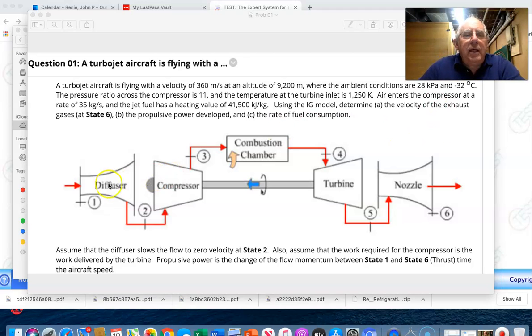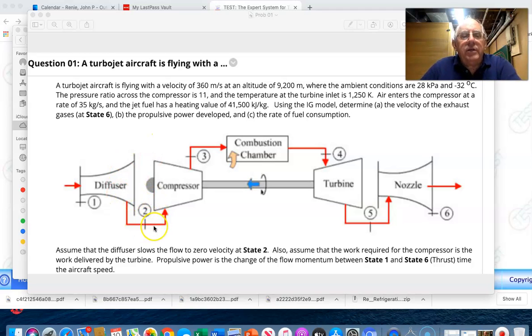What happens in the diffuser is that all of the kinetic energy is converted into pressure and temperature. So state 2 has 0 velocity, and we assume that the diffuser is isentropic. And so the pressure and the temperature that are established would be the stagnation conditions. The static and the stagnation conditions are one and the same.